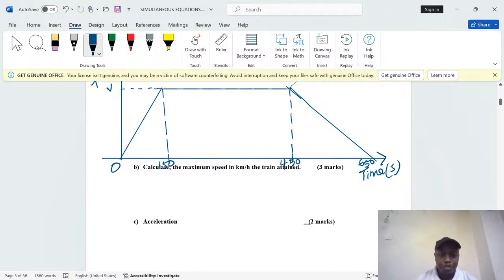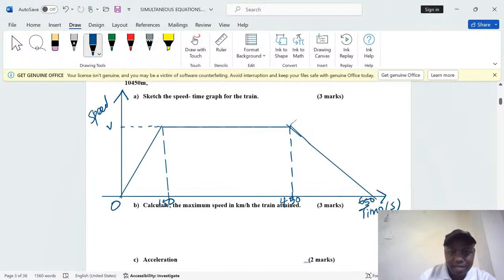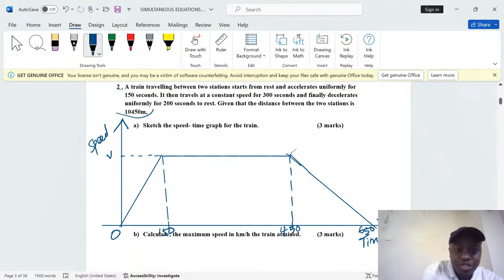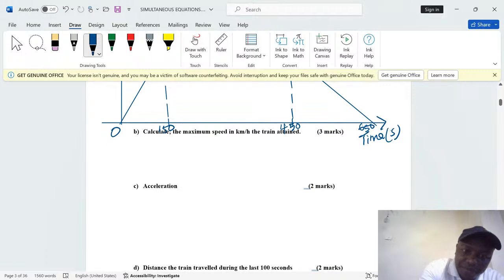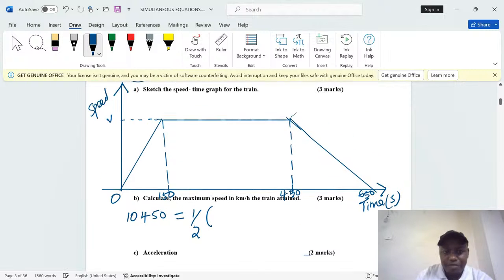Calculate the maximum speed in kilometers per hour the train attained. So for us to know the maximum speed, we need to say that total distance, which has been provided in this question, is usually given by area under the graph. Therefore, total distance, which is 10,450, is equal to half multiplied by the sum of the two parallel sides.